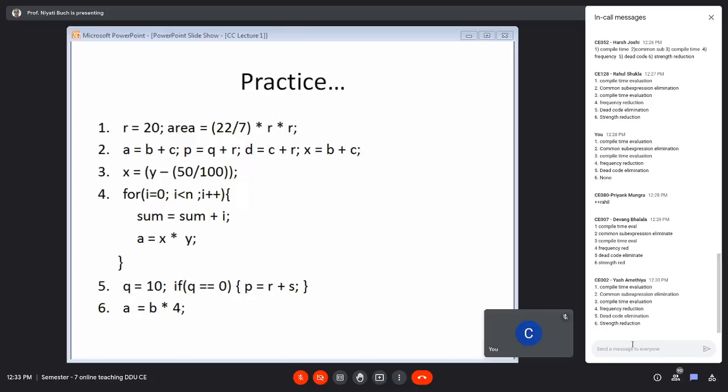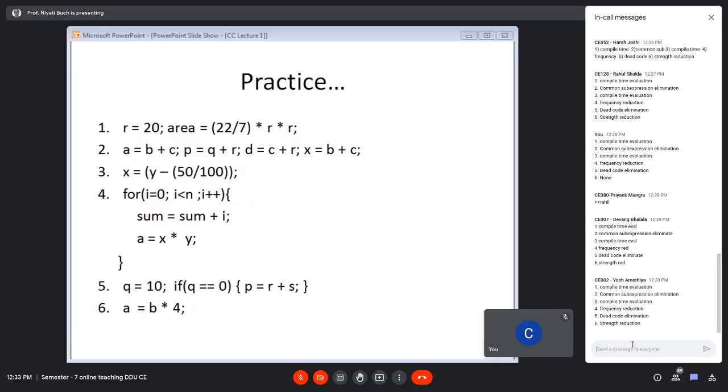Now see, whenever you see a loop, try to identify if there are some statements in the loop that can be moved outside the loop. So try finding loop invariant code, the code that is not dependent on the loop variable.